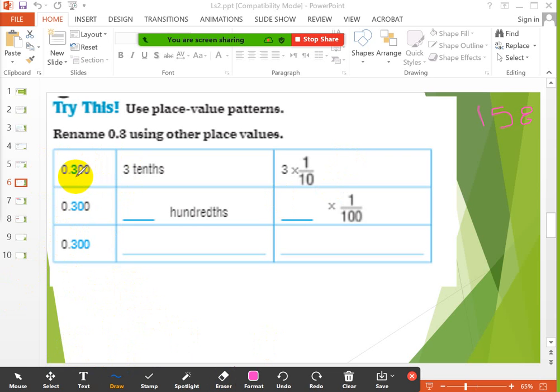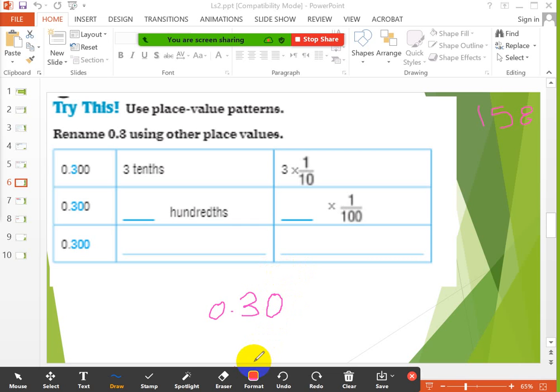Why? Because you remember that I told you yesterday the 0 after the point. Look, if I have 0.3, and I told you yesterday that the 0 on the right side in the decimal part doesn't change the value. So if I read it or if I didn't read it, the same value.